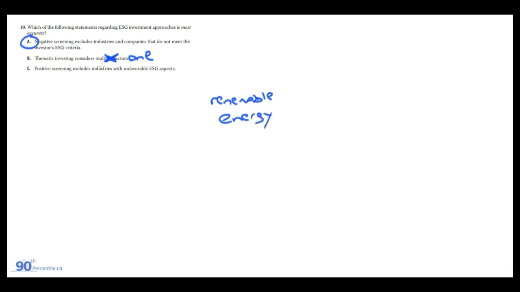They have one focus and don't really diverge from that. And then last one, positive screening excludes industries with unfavorable ESG aspects. Well, positive screening would include, so the wording here is off, and that's why that isn't the answer either.